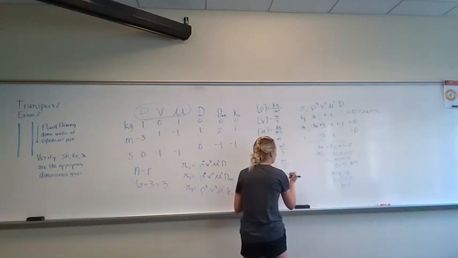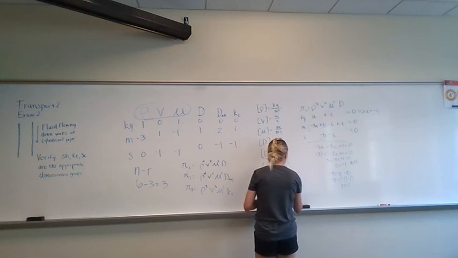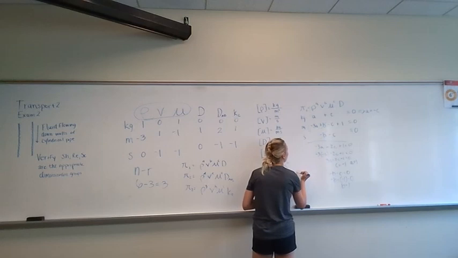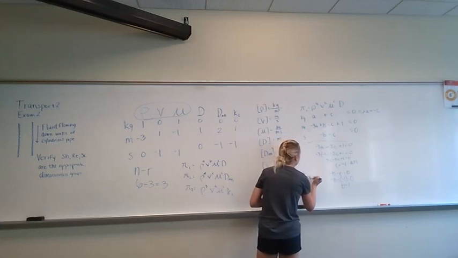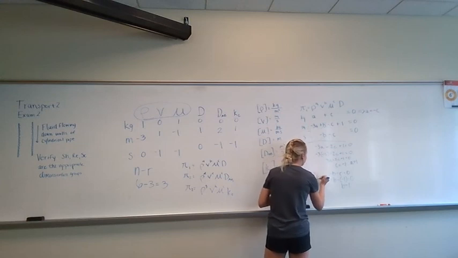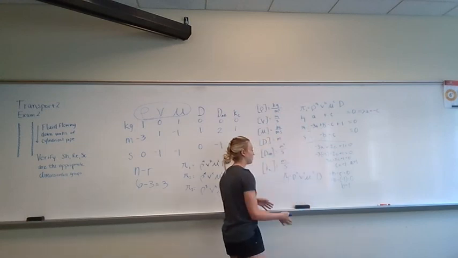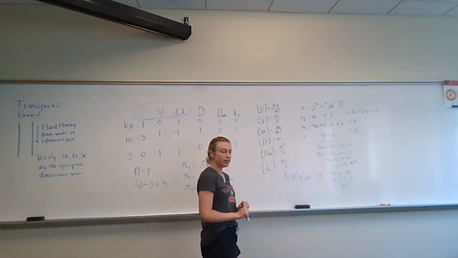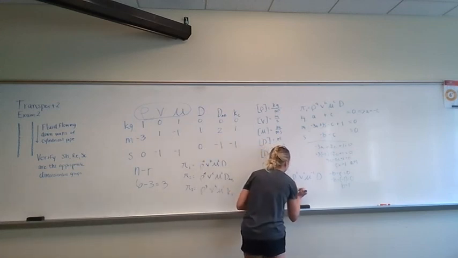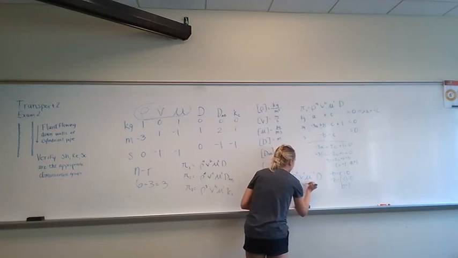So we get pi1 is equal to density to the first power, velocity to the first power, viscosity to the negative first power, and diameter, just diameter to the first power. So when we rewrite this, we get pi1 equals rho VD over mu.